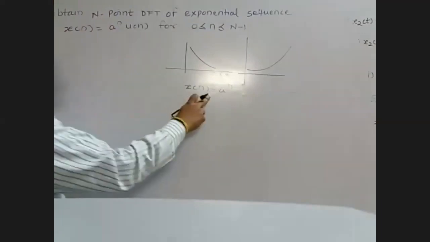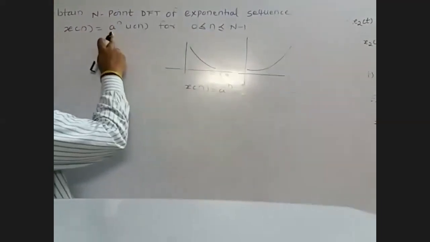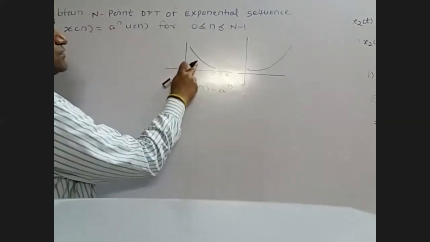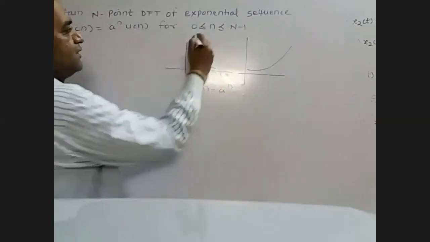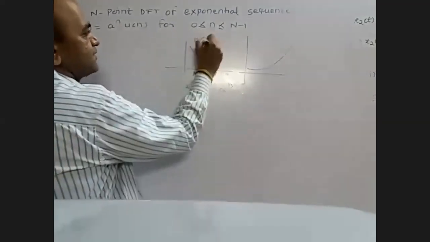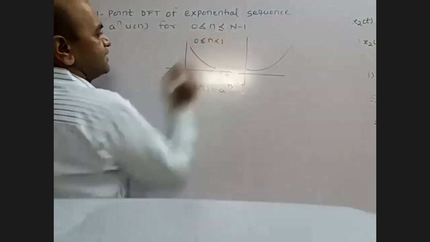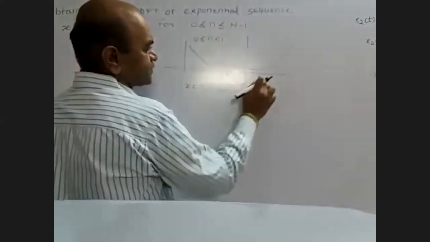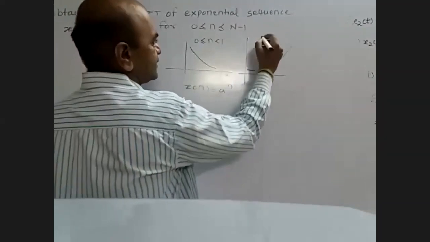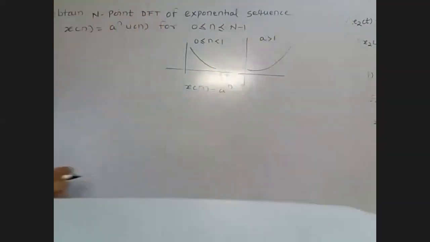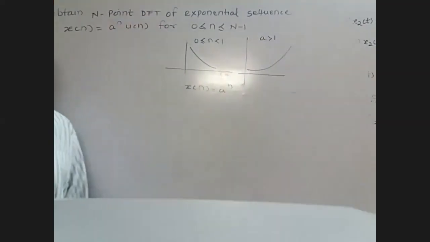In the same fashion, the exponential signal x of n is shown here. For a decreasing exponential signal, the value of a lies between 0 and 1. When the exponential signal is increasing, the value of a is greater than 1. So this is the basic fundamental behind the exponential signal.